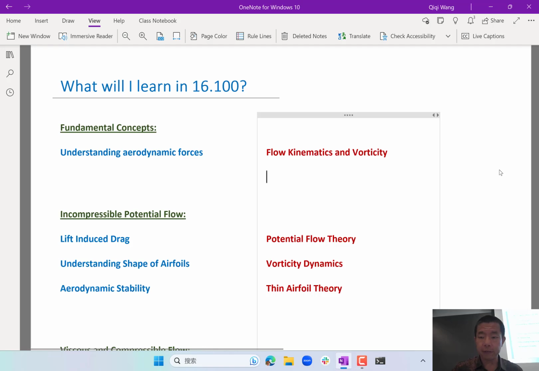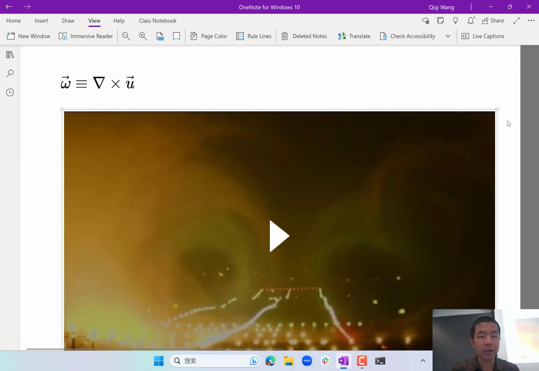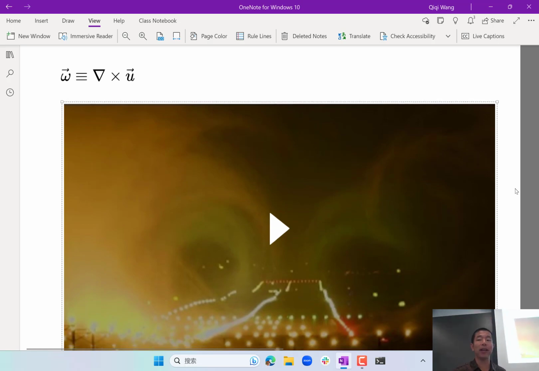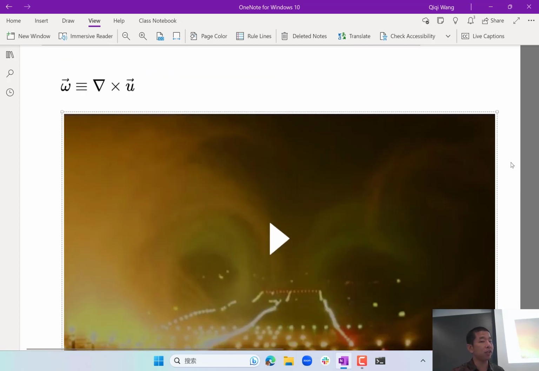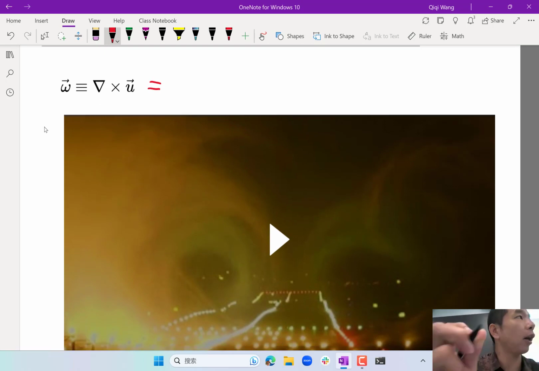First of all, I'll use a video to lead you into why vortices are useful in understanding airplanes. Again, vorticity is defined as the curl of velocity. If you expand this, we have x, y, and z components.